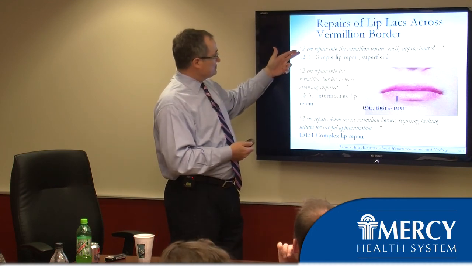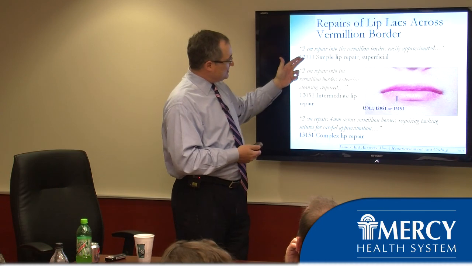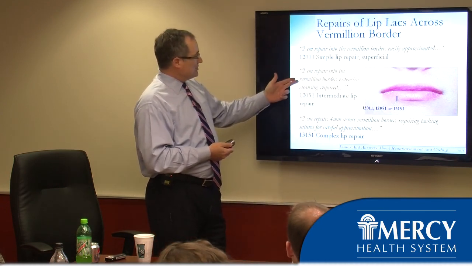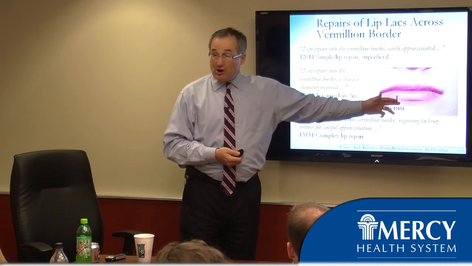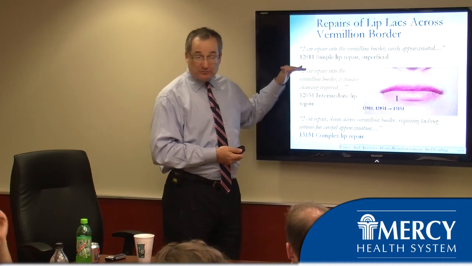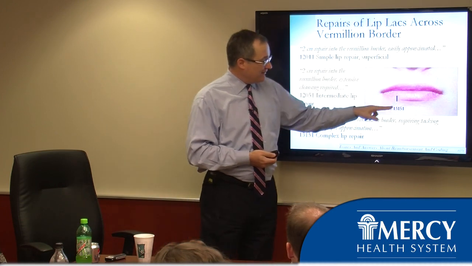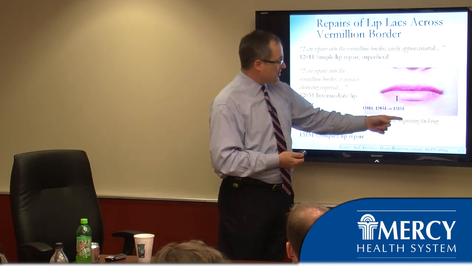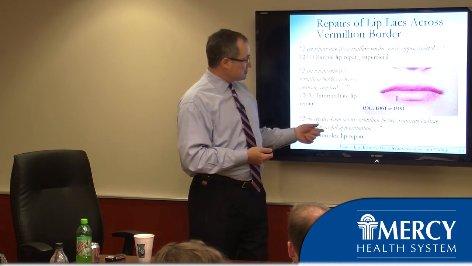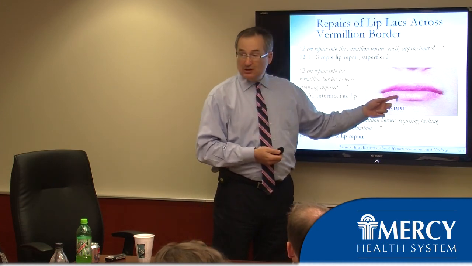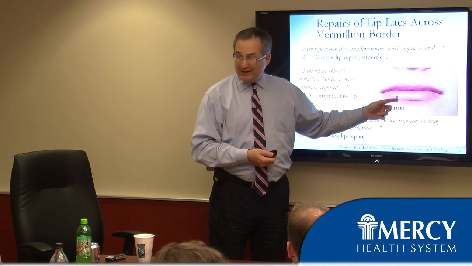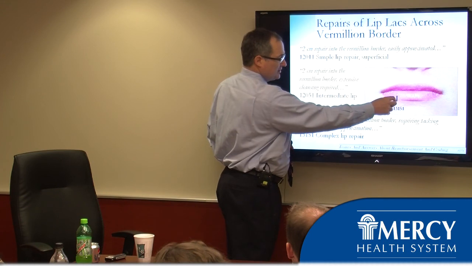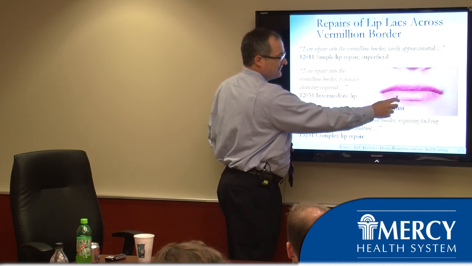So if it's a 2 centimeter easily approximated, that's a 12011 simple lip lac. If it's a 2 centimeter with extensive cleansing required, now it moves from simple to an intermediate, 12051. And then if it's a 2 centimeter with 4 millimeters across the border, requiring tacking sutures for careful approximation, now I'm talking about an additional complexity to the repair, because we really don't want a cosmetic defect right there.